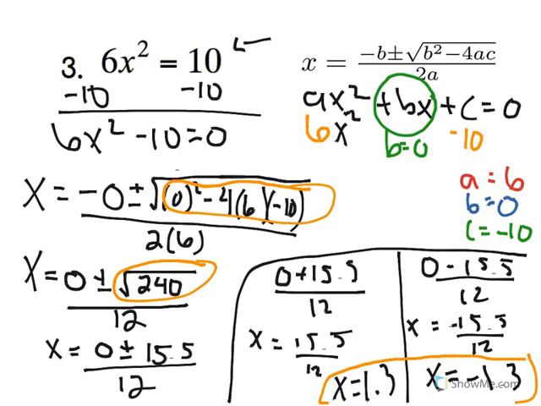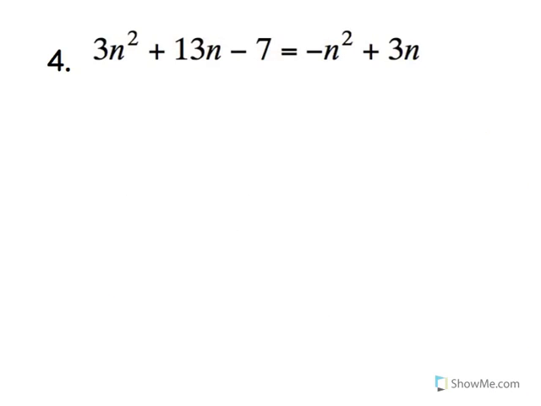So let's look at the next example. This is our last one. So we have 3n squared plus 13n minus 7 is equal to negative n squared plus 3n. So it's not equal to 0. So we want to get 0 over here. I'm going to add n squared to both sides, and then subtract 3n also.